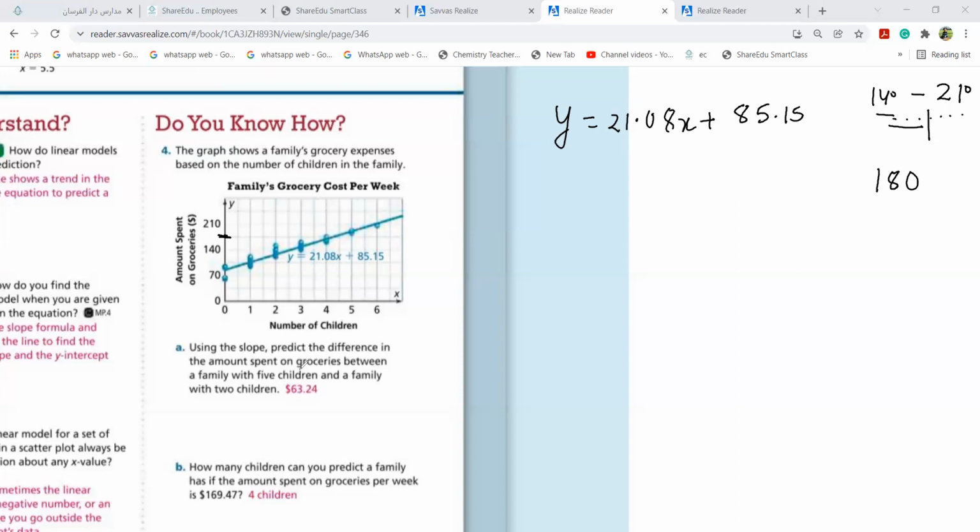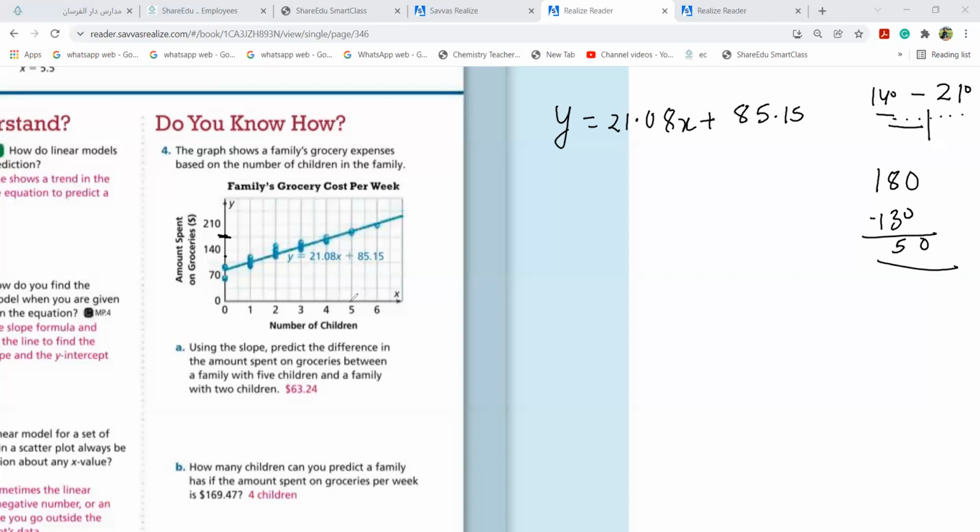And for 2 children, maybe 130, almost like 50.